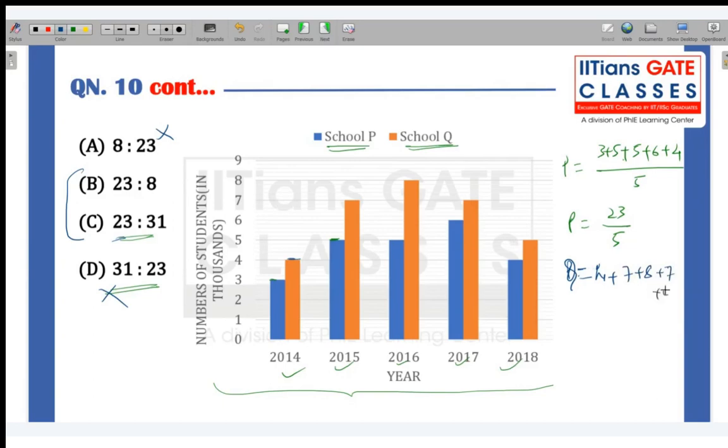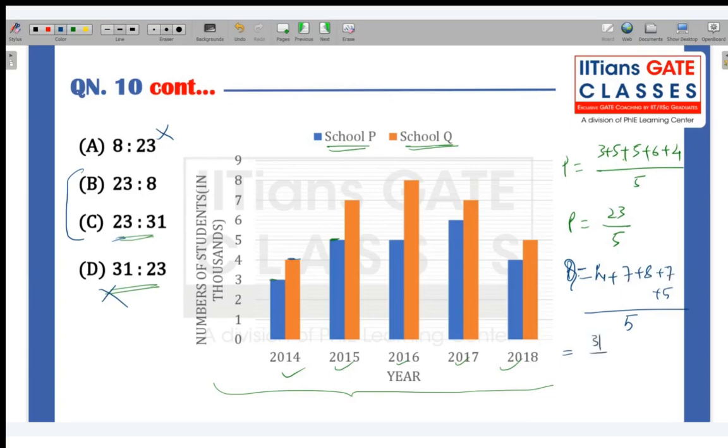This kind of question you can do just by making good observation. So 4 plus 7 plus 8 plus 7 plus 5, by 5. What is 7 plus 4? 11. 11 plus 5 is 16, plus 7 is 23, plus 8 is 31, by 5.